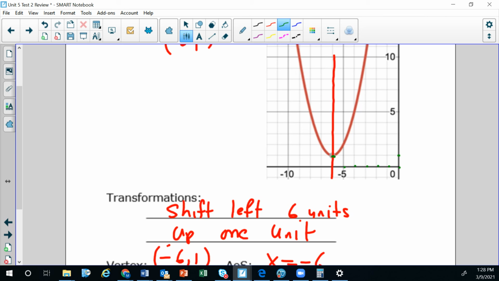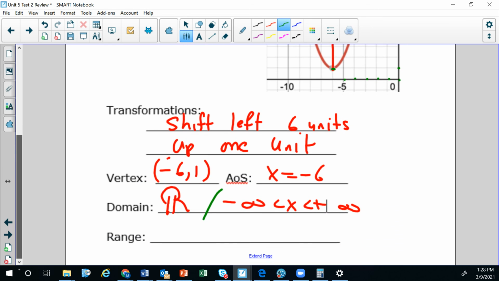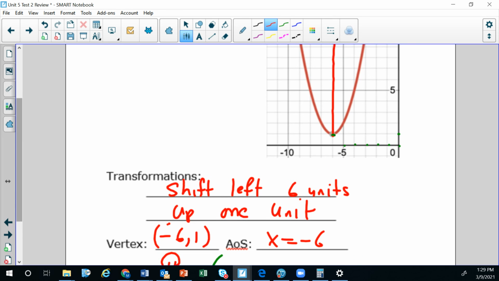There are no y values down here. So it's going to be all the y values that are greater than or equal to 1. Y is greater than or equal to 1 as my range. And also, you can notice this graph has no real solution, because it does not cross the x-axis.